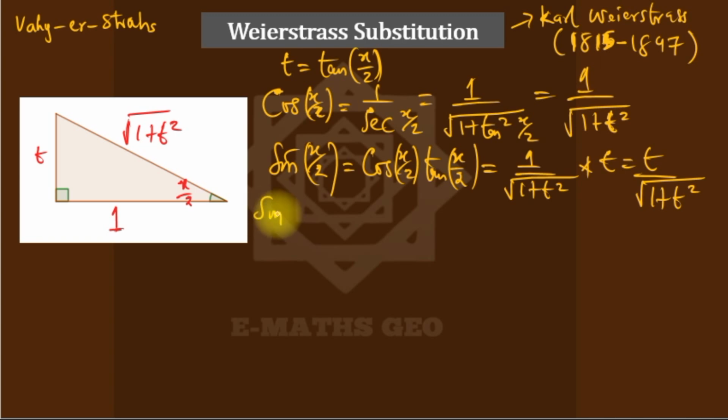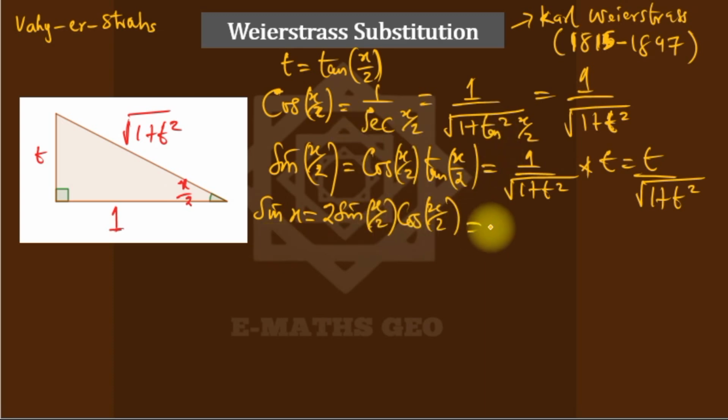To get sine from the half angle identity, you have 2 sine half x cos half x. That's the main reason we want to get sine and cos of the half angle.